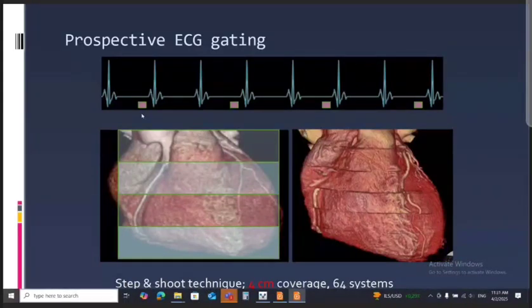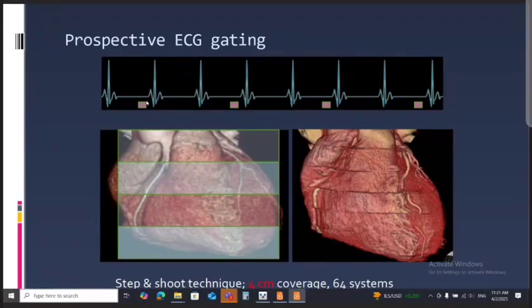Then we have to scan, in this case, 1/4 of the heart, and then stop for a while the table movements occur, then scan the second fourth of the heart, then stop for a while the table is moving, and so on. In cases of multi-slice scanners using 64 channels, the heart is imaged over 4 acquisitions using 8 cycles.